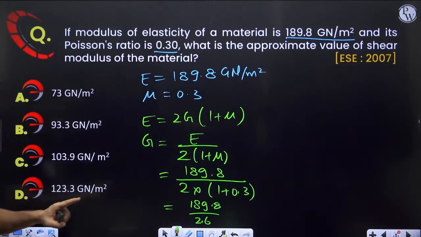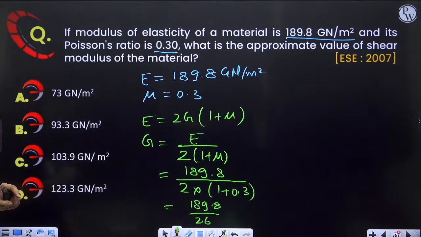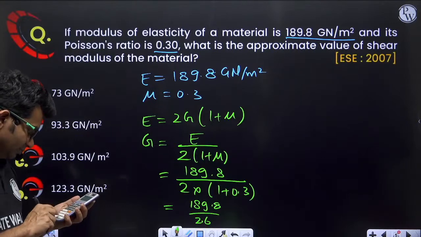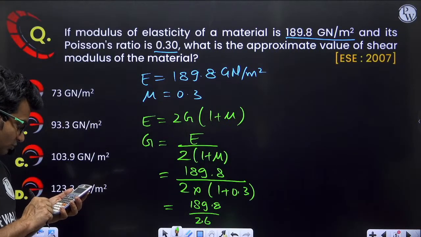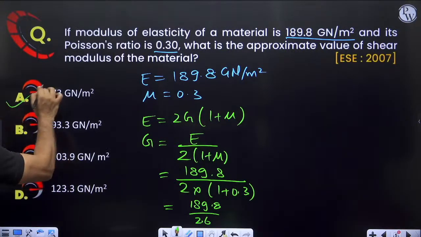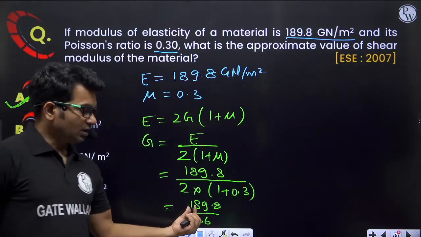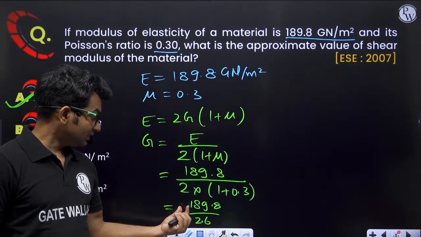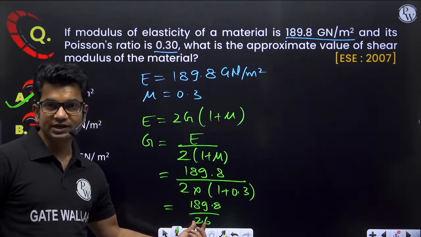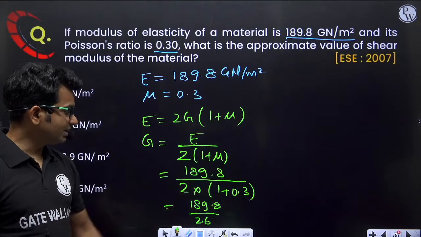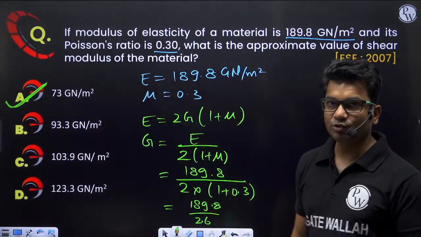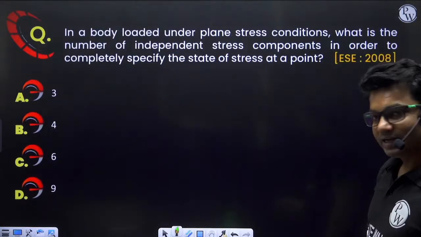The numerator is a little bit more than 180 and the denominator is a little bit less than 3, so approximately we will get 73 by approximation. Now the exact calculation is also coming to 73.